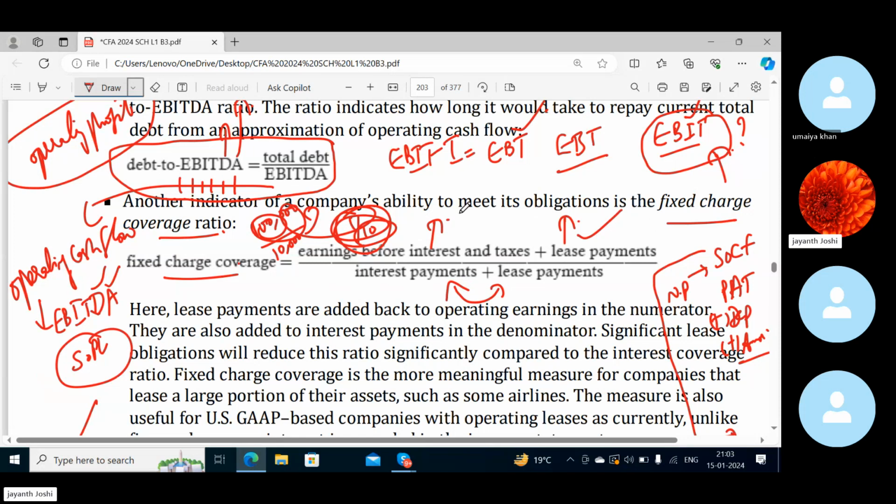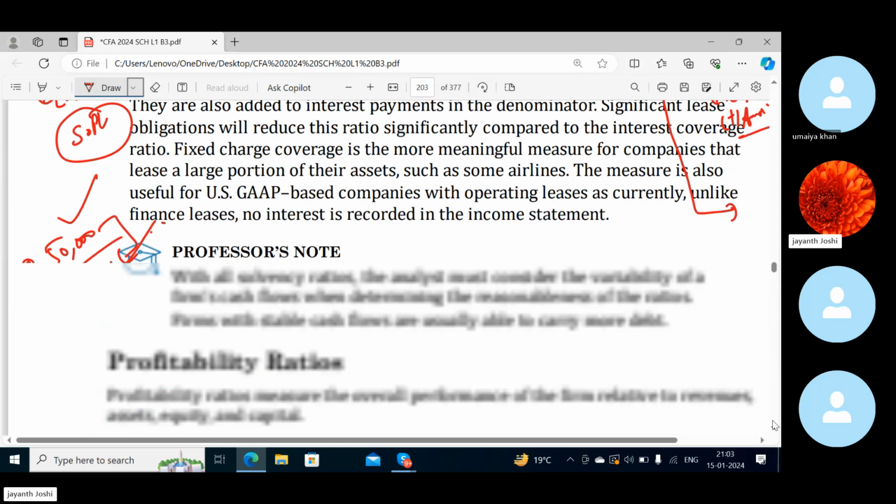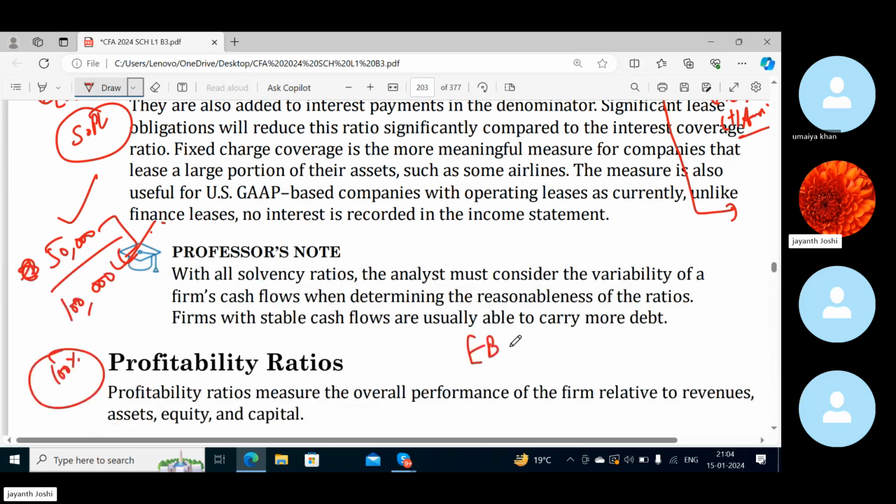How much earnings I have so that I can easily make my fixed interest and lease payments. So here I'm taking earnings before interest, tax and lease payments divided by interest and lease payments. So if I have 1 lakh of this and 10,000 or 20,000 collectively of this, I have 5 times the capacity to repay this.